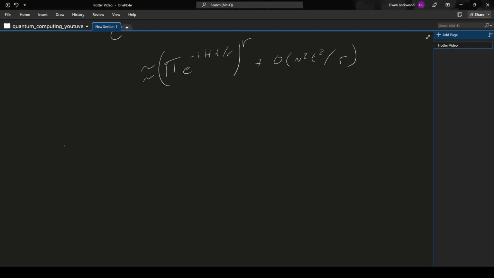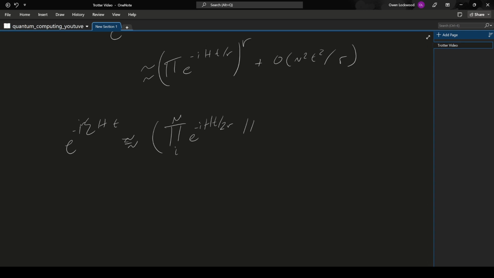So basically, instead of just having the sum of ht, now instead of just having this one term in here, we have our product, and here I'm going to actually write them out because for a reason you'll see shortly, e to negative i h t over 2r.